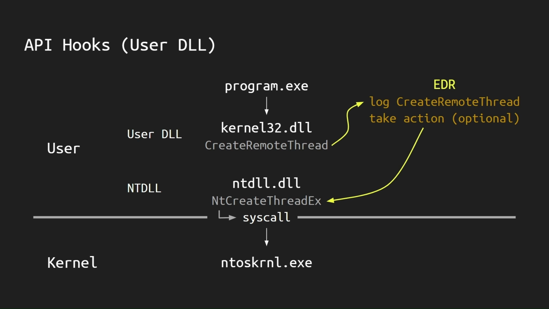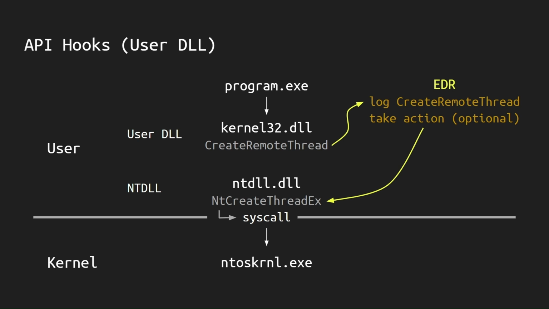Fundamentally, everything in kernel32.dll is just a bunch of low-level functions. So if it gets loaded into memory, and then the EDR loads itself into memory and overwrites those functions, it could have those functions do whatever it wants.